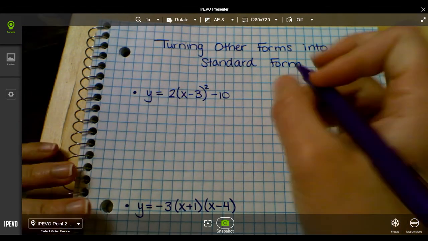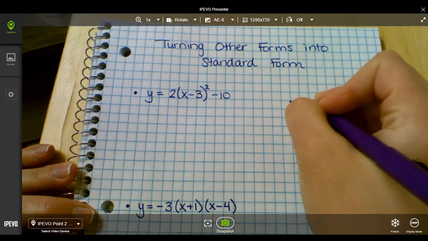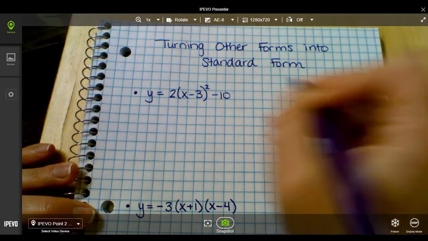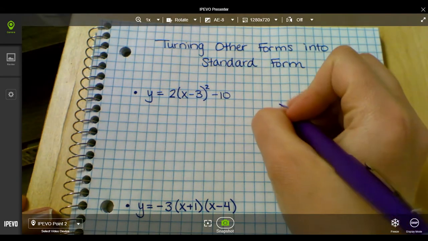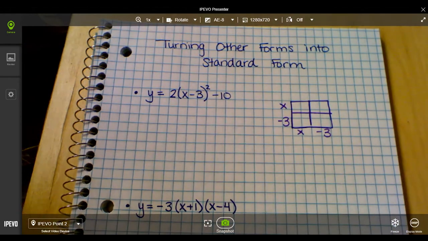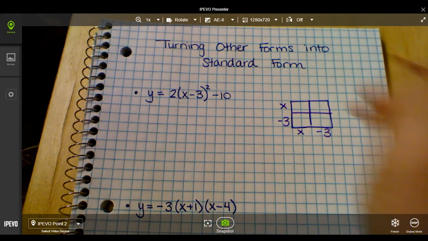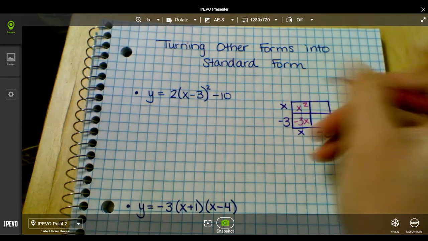So the first thing that we want to do is use our generic rectangle, because when I take care of this exponent, I know that if I'm doing x minus 3 squared, I have x minus 3 times another x minus 3. So I'm going to use my generic rectangle. X times x is x squared. Negative 3 times x is negative 3x.